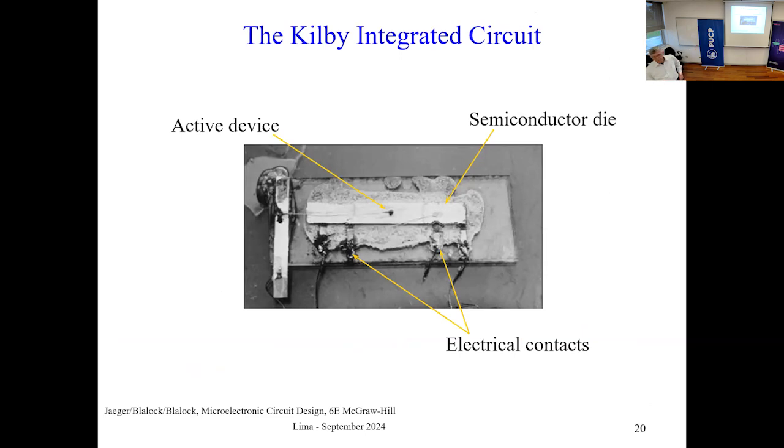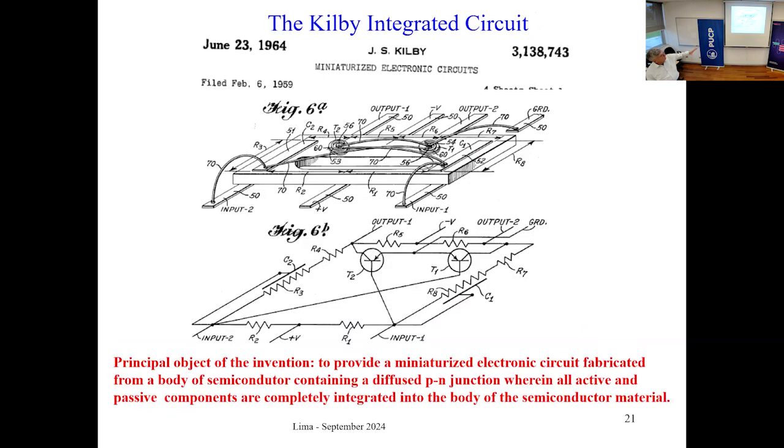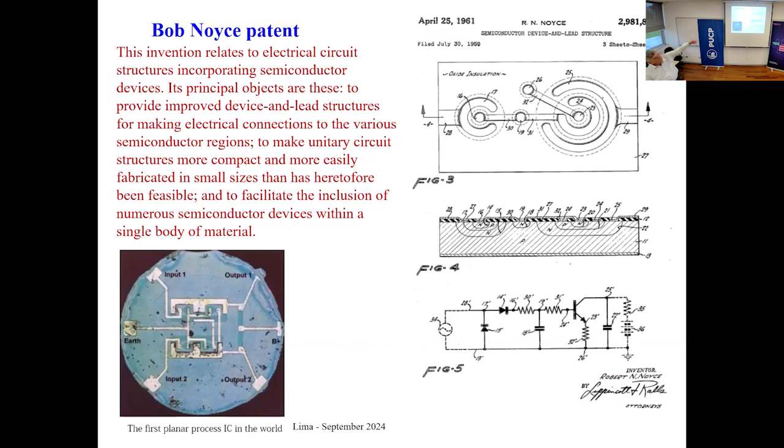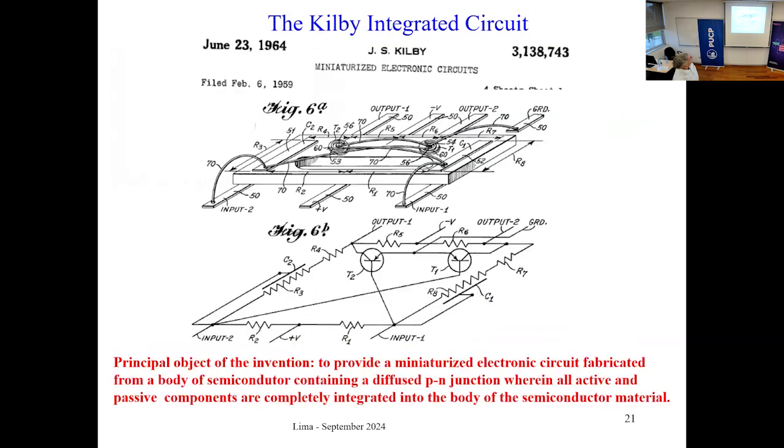Here is the basic idea of Jack Kilby, some schematics. And this is the Bob Noyce patent, which gave origin to the first integrated circuit. The schematics of the Kilby idea are associated with the patent by Jack Kilby.